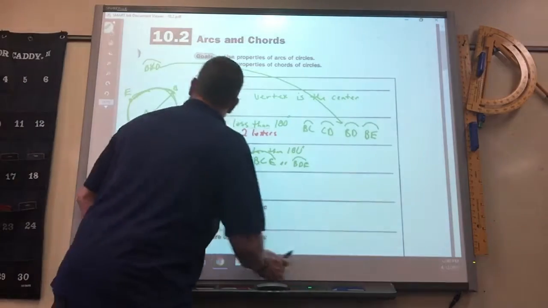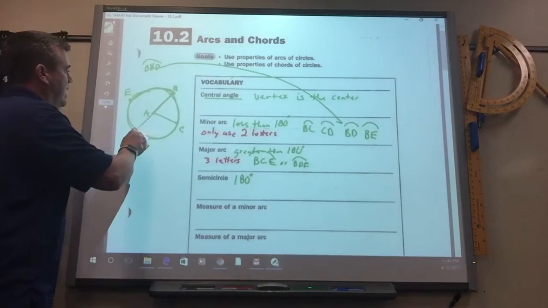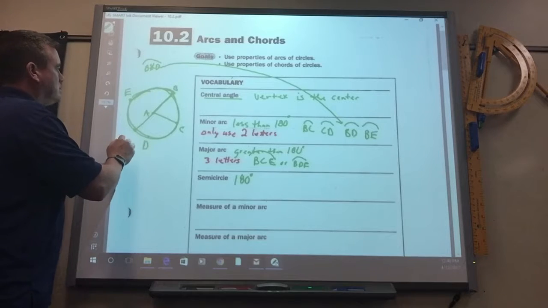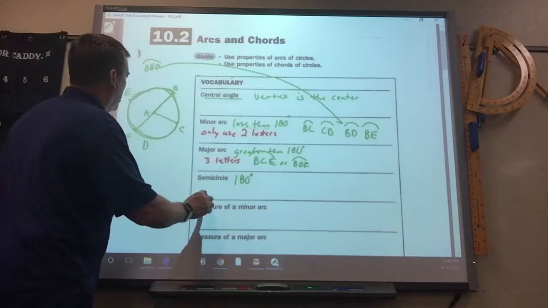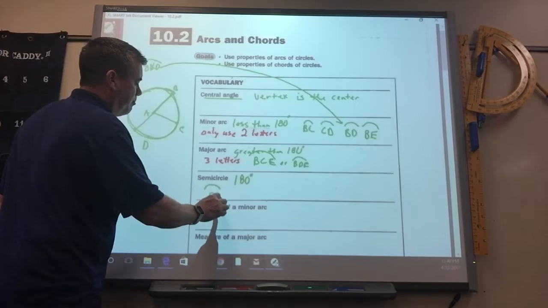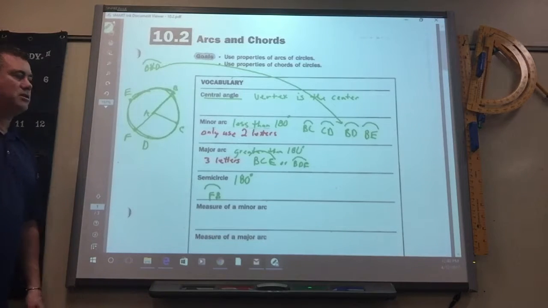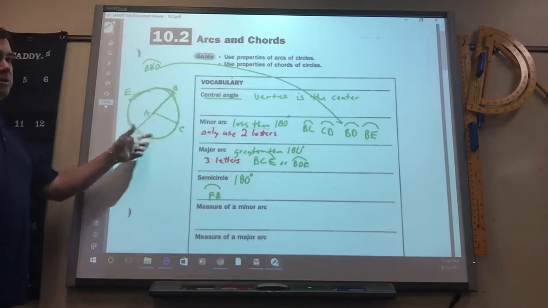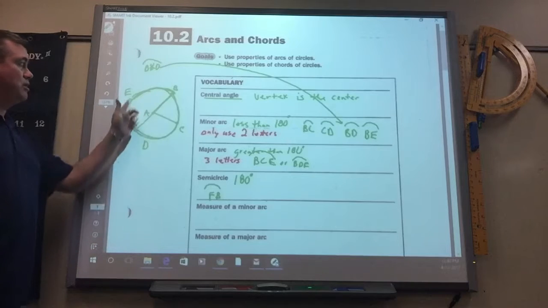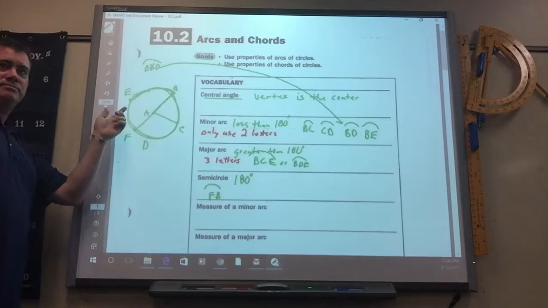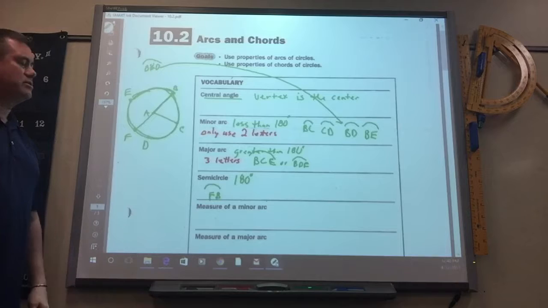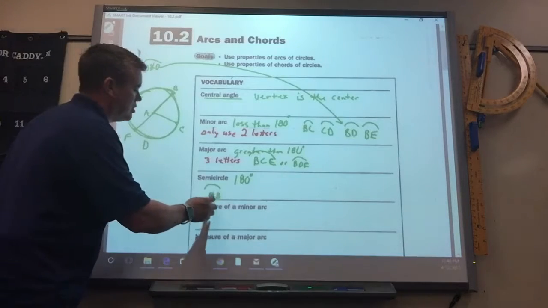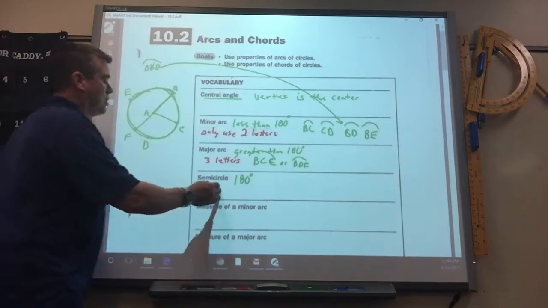A semicircle, I didn't draw it in here, but if we had a diameter EF, arc FB would be a semicircle. You don't need to put other letters in there because from F to B, no matter which way you go, it's 180. Unless you want to describe which way to go. A semicircle could use three letters.